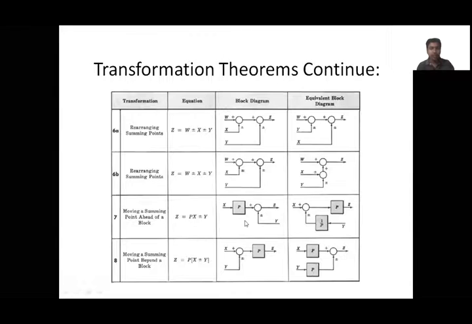And here, when moving a summing point from after the block to before the block, as we have discussed, if you want to move it to before, one extra block 1 by p will come in the feedback. And if you want to move the summing point from before the block to after the block, then p will come as an extra block.